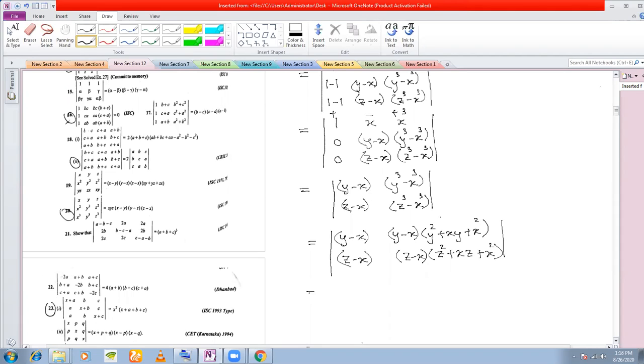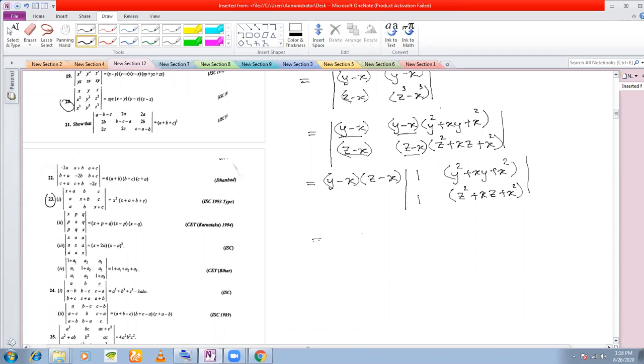Now from this determinant, y minus x you can take common from the first row. Again z minus x you can take common from the second row. So what are you left with? 1, 1. And here you are left with y square plus xy plus x square. And here you are left with z square plus xz plus x square.